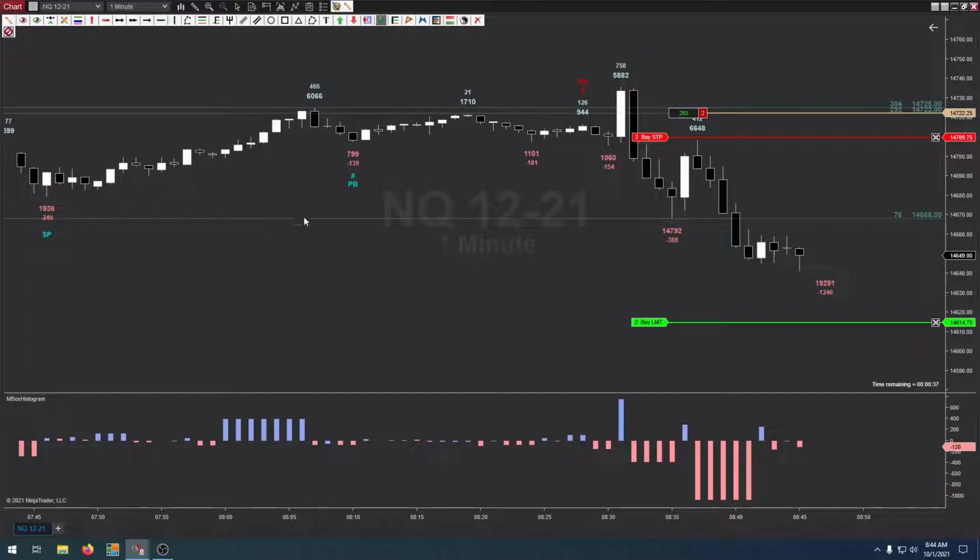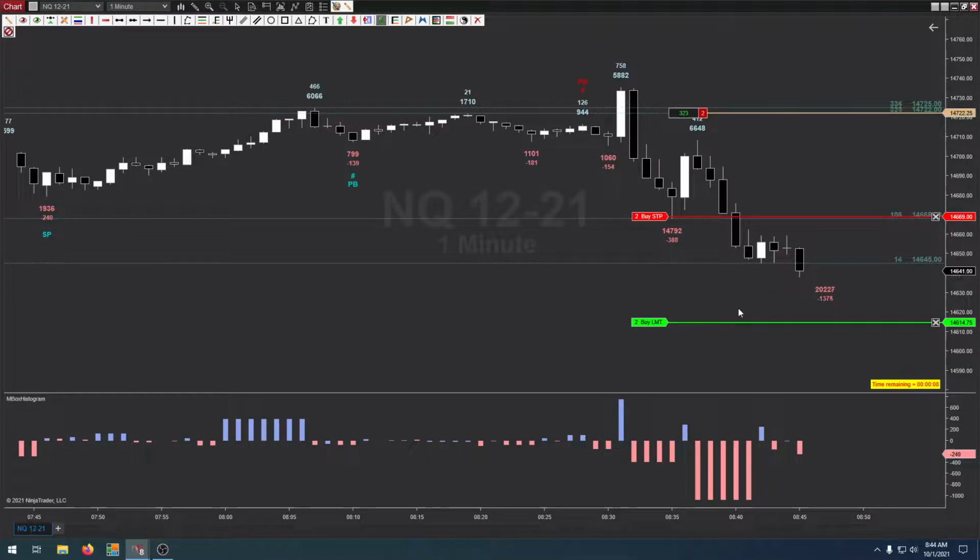So what I will do is, if we get below this level here, so if we close below that level, I'll trail it to here or here. So I'll trail it to here.